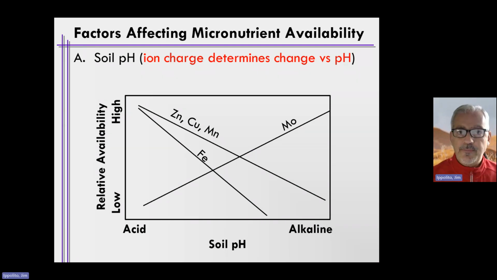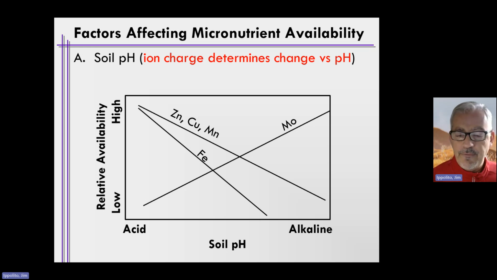The first factor that I'd like to discuss with respect to micronutrient availability is soil pH and the concept of the ion charge determining the change in availability versus pH.